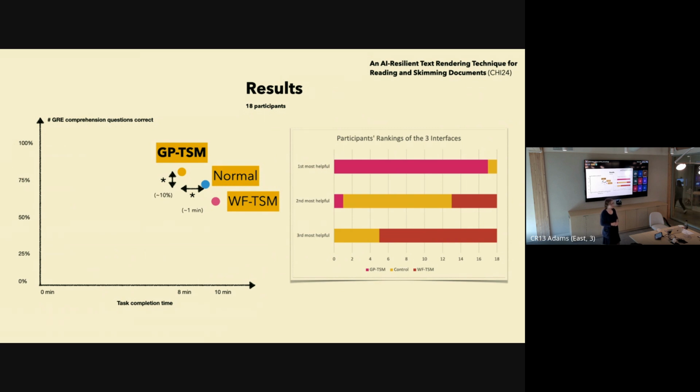Absolutely agree. And yet this metric is in there because it's a number of GRE comprehension questions. That's one particular metric that you used in the study. We wanted to make sure that we were not harming people's ability to do a basic reading comprehension task. And we found that we didn't harm it, we actually made it better. But I'm not saying that this is necessarily the only way you should evaluate this. In fact, people subjectively strongly preferred it.